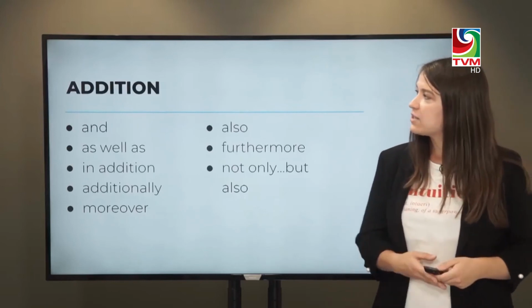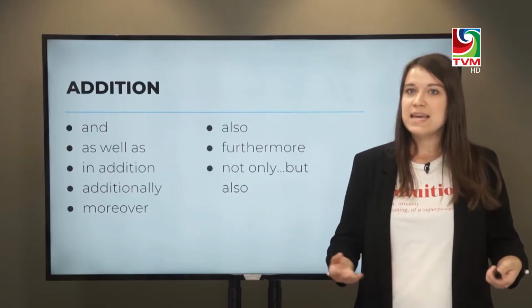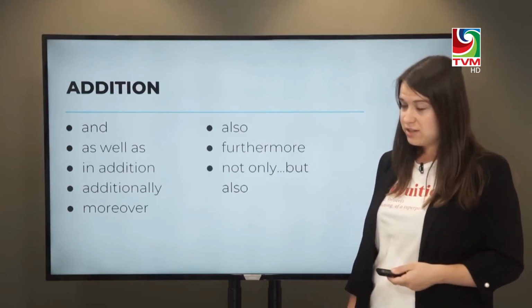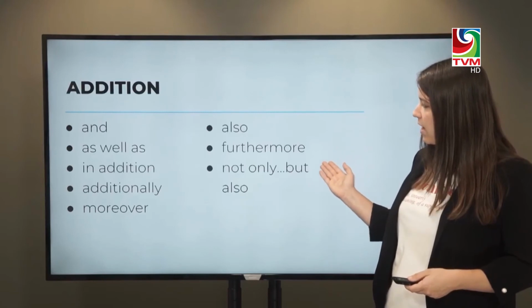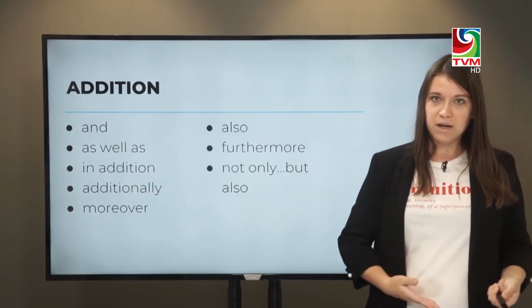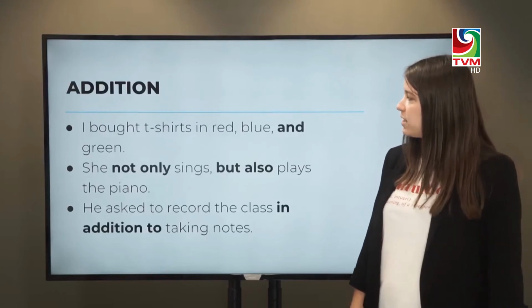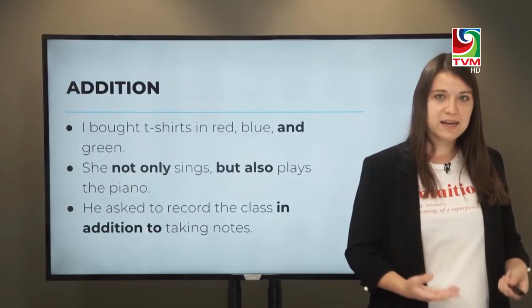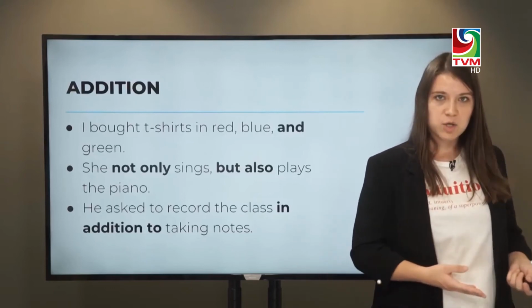Okay, connectors of addition. We have and, as well as, in addition, additionally, moreover, also, furthermore, and not only, but also. Okay, let's see some examples. I bought t-shirts in red, blue, and green. She not only sings, but also plays the piano.